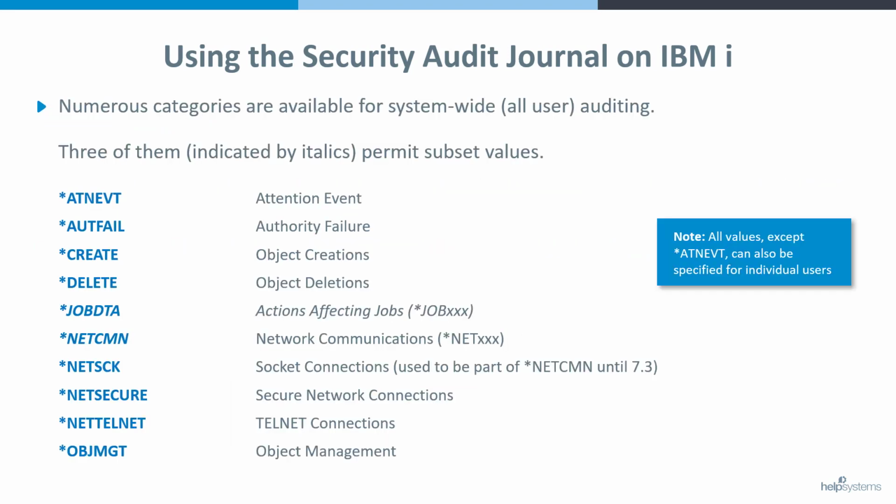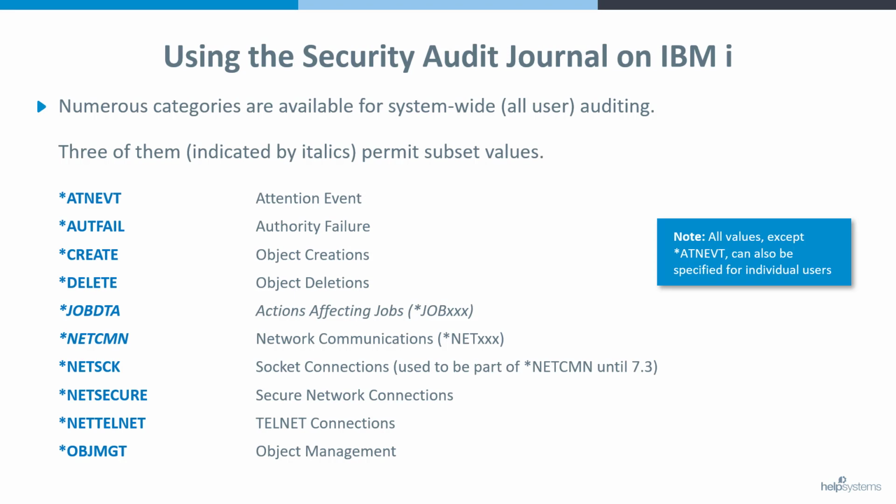When we talk about system-wide auditing, we have numerous categories available at our disposal. These are listed here, also on the next slide, so it does overflow. Three of these, indicated when the font is in italics, have sub-values that can be specified if you don't want the parent and the full flow of the parent to be included.